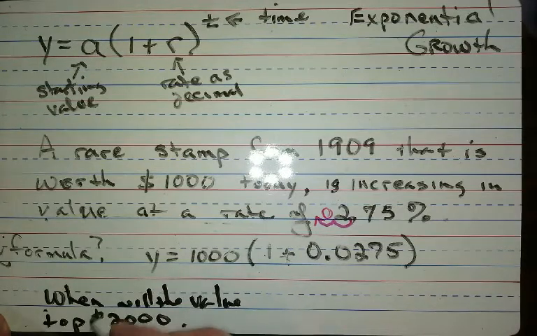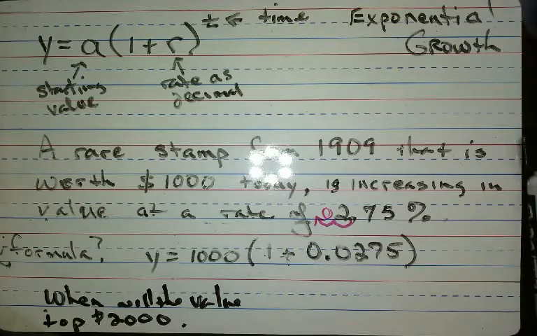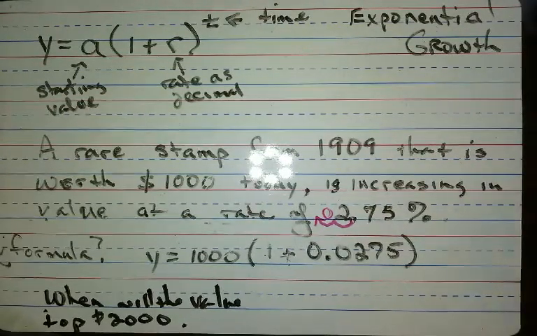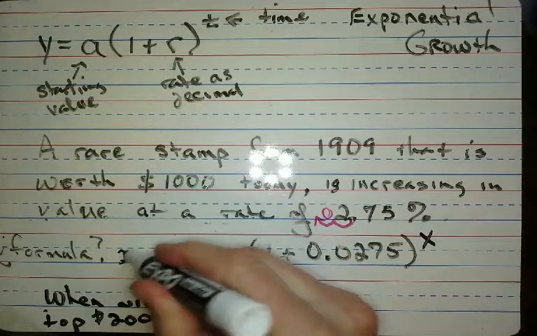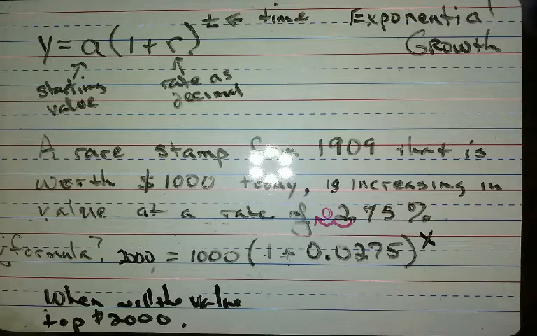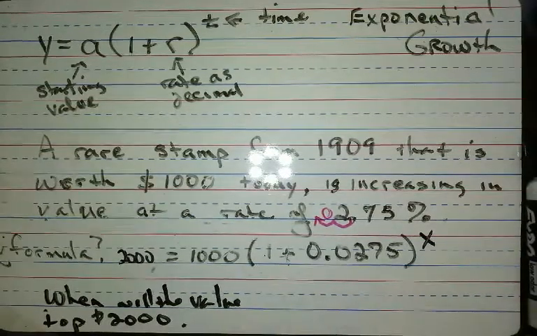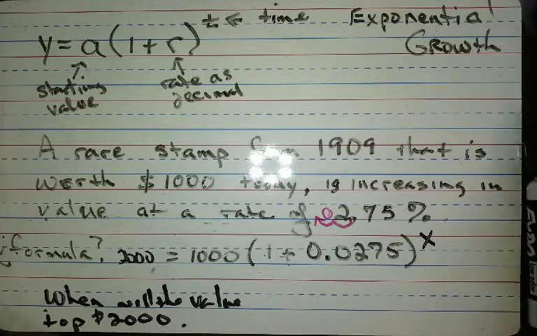Say the guy that owns this has been holding on to it for a while, and he wants to sell it whenever it gets to be $2,000. So how much longer? It's worth $1,000 today. So we don't know this. We know this is 2,000. How many years does this man have to wait in order to sell his stamp for $2,000?